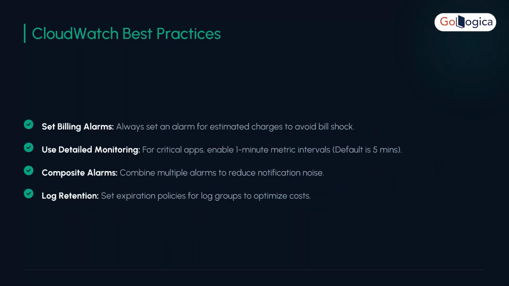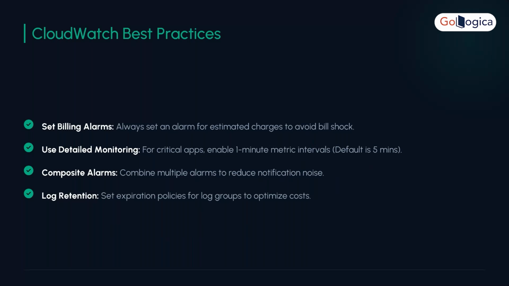So CloudWatch best practices: set billing alarms. Very important. Always set an alarm for estimated charges to avoid bill shock. As I told you, a lot of previous students had experiences with big bills in their AWS accounts.